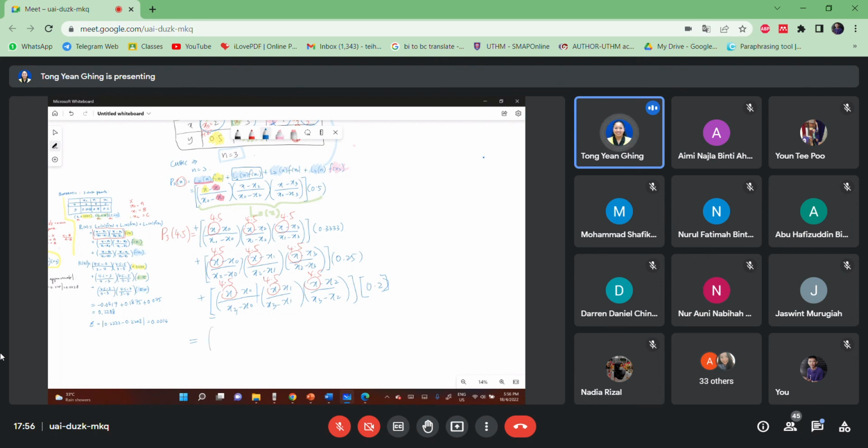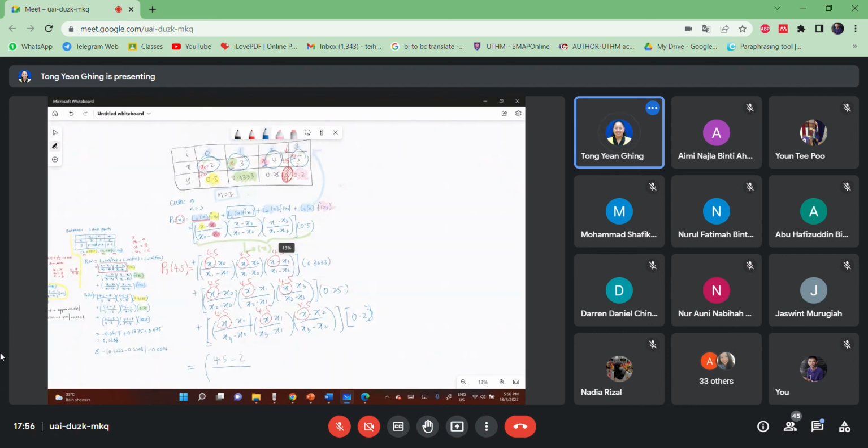Contoh here, 4.5 minus x0 adalah 2. Bahagi dengan x1 adalah, tengok balik x1 is 3. 3 minus 2, macam ni. And then 4.5 minus x2. x2 is 4. Nampak? x2 is 4 here. So, and then x0 lagi.